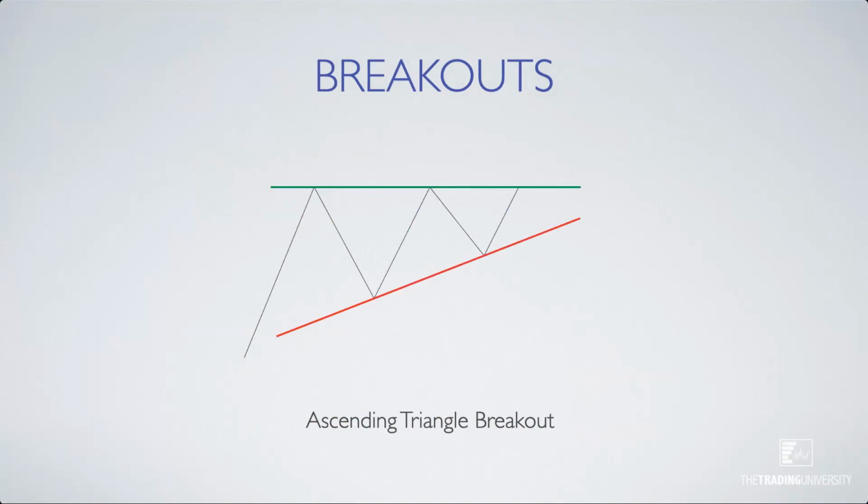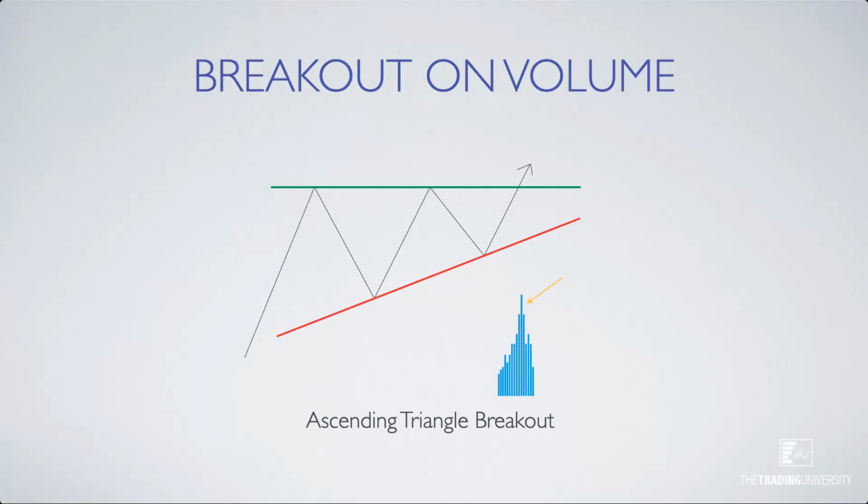So the ascending triangle, the ascending wedge breakout, which way does this one usually break? Not always, but typically. Right, this one breaks up. But what else does it need to break up? Yes, this has to break out on volume, right?